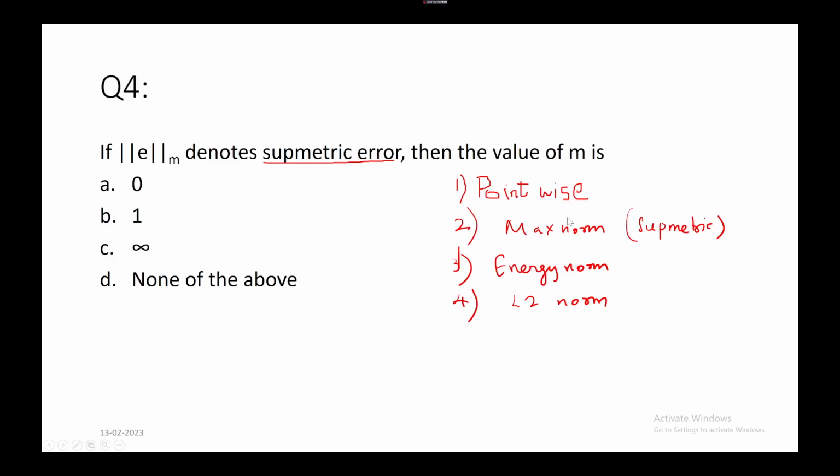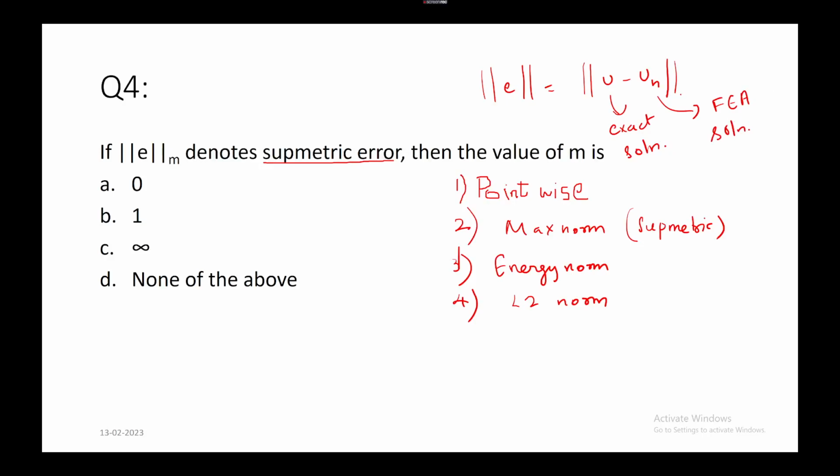Each will have some symbol. This E which I have indicated here is nothing but U minus U_h, where U is your exact solution and U_h is your FE solution.